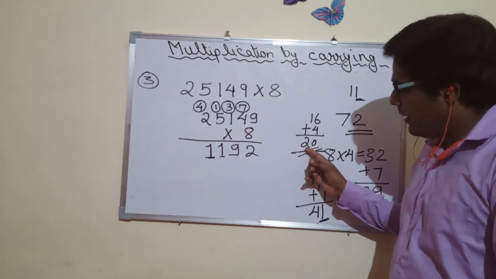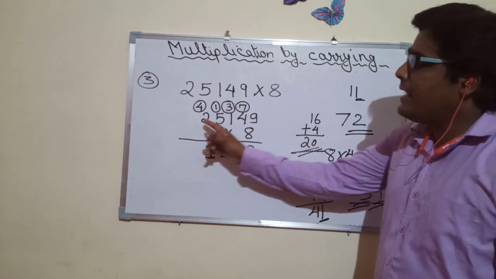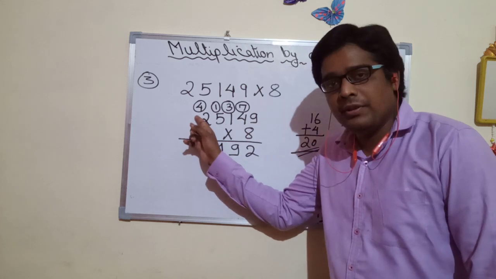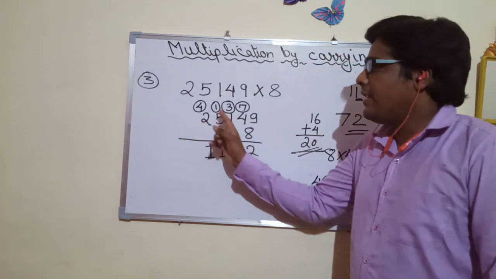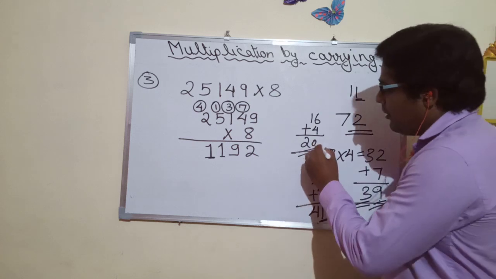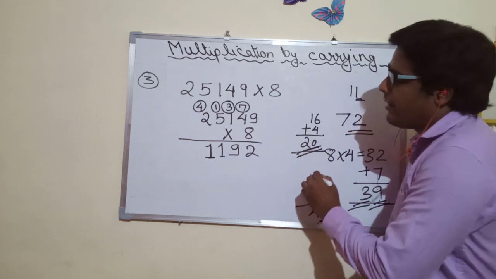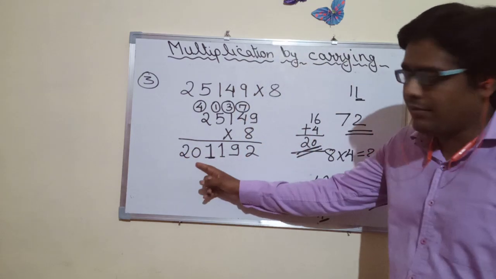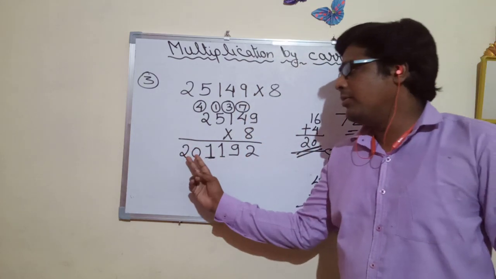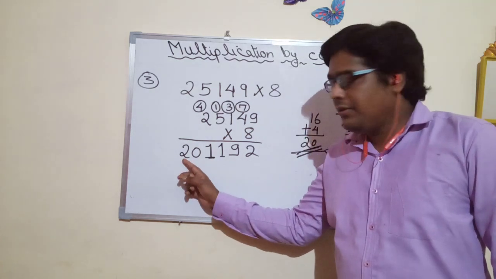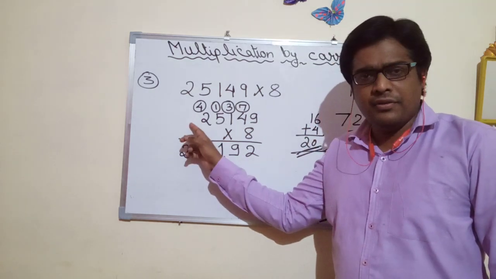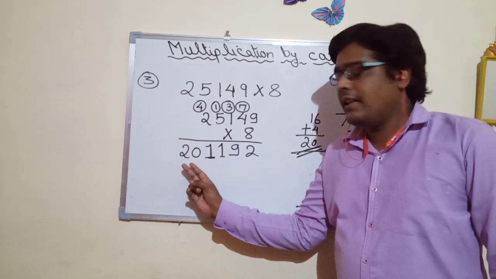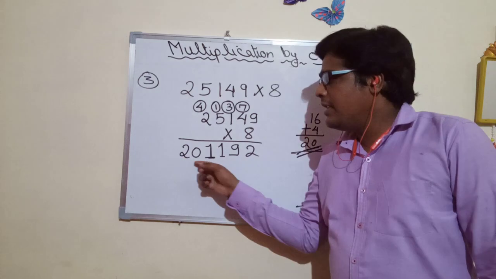But as you can see, there is no digit over here. So this 20 you will write below only. You will write 0 also and you will write 2 also, both over here. Why have we written 2 also over here? Because there is no digit over here on which we can write the carryover. So in this case we have to write both digits below.